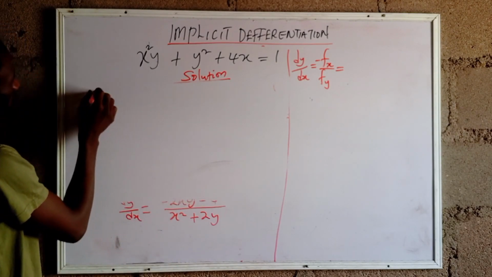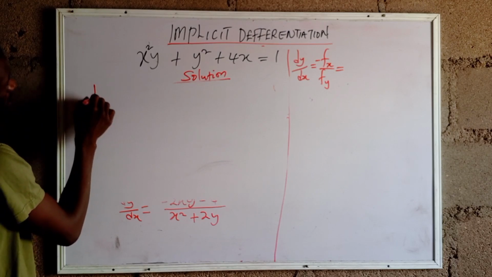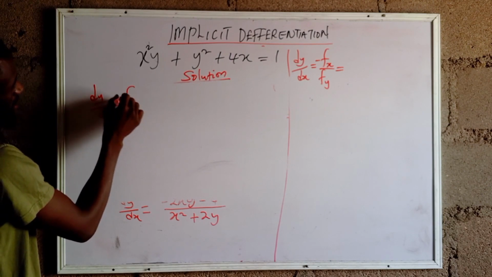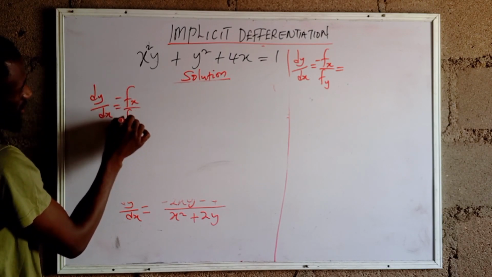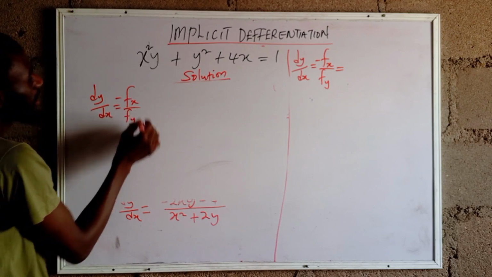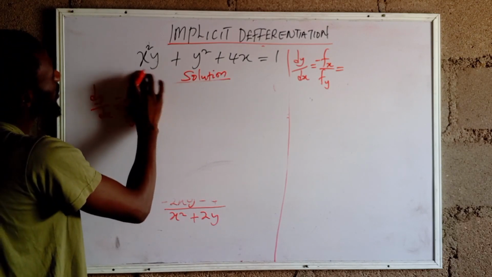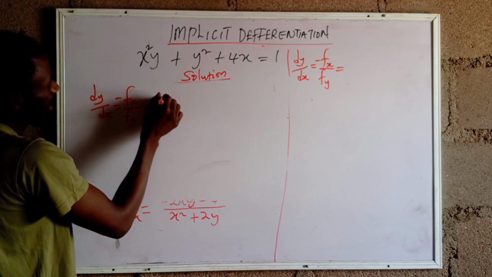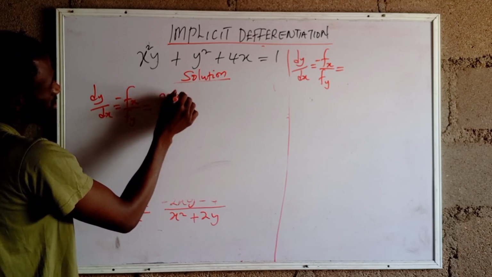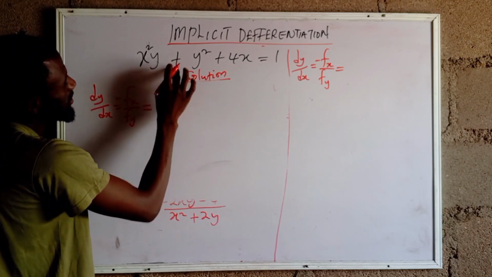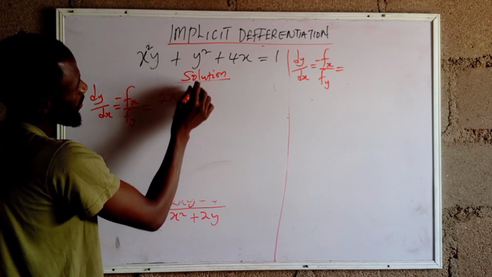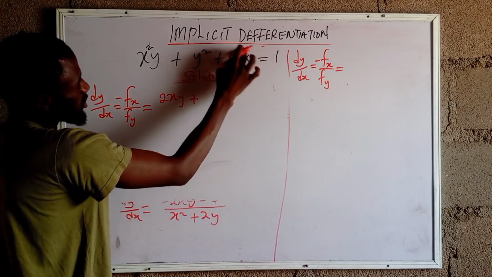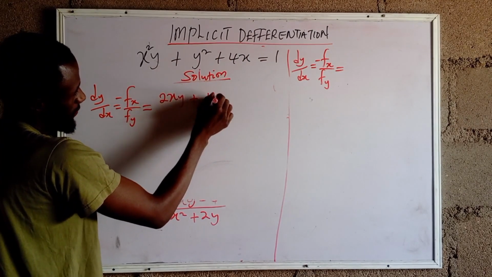Since dy over dx equals minus f subscript x over f subscript y, we differentiate the terms containing x here. We have 2xy, and the y squared term doesn't contain x. Plus, if we differentiate 4x, we have 4.